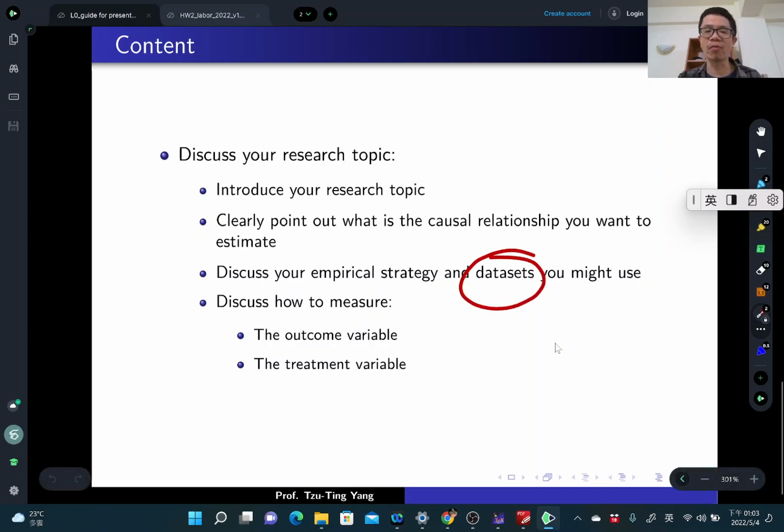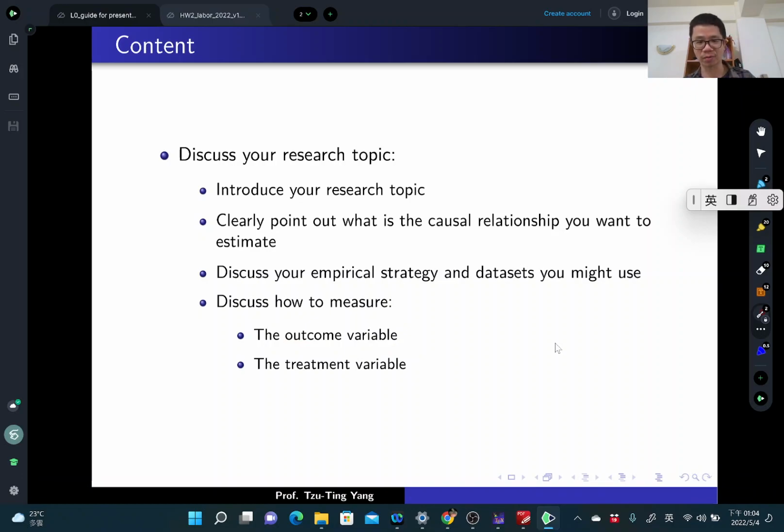You also need to discuss the data set you might use, and how to use your data to measure the key variables, for example the outcome variable and the treatment variable.